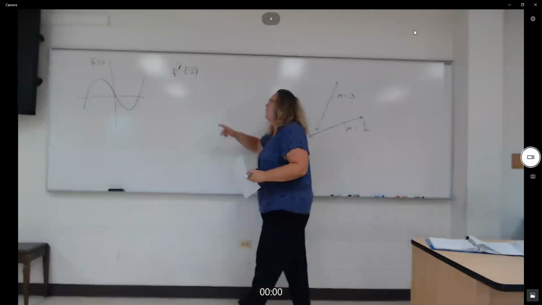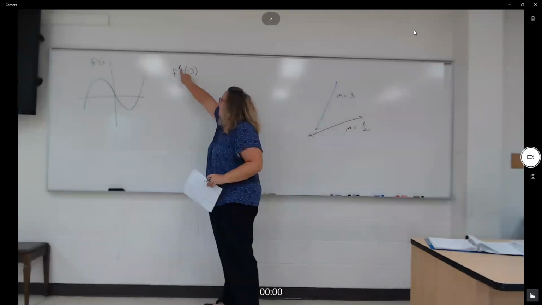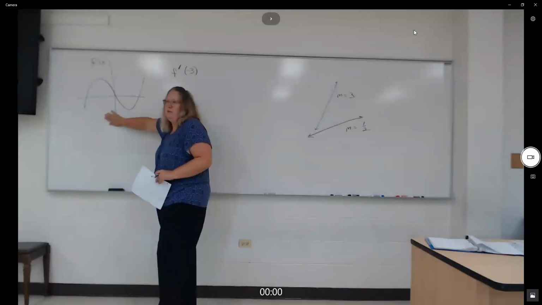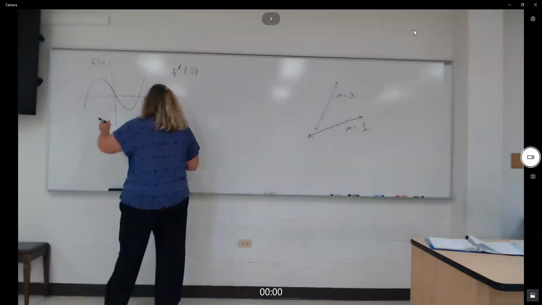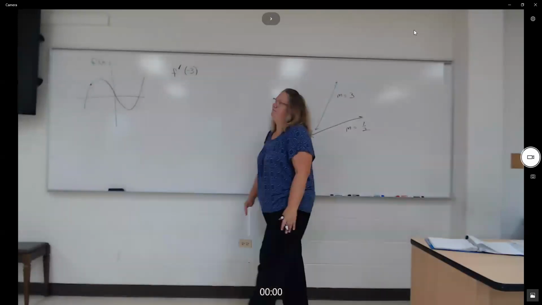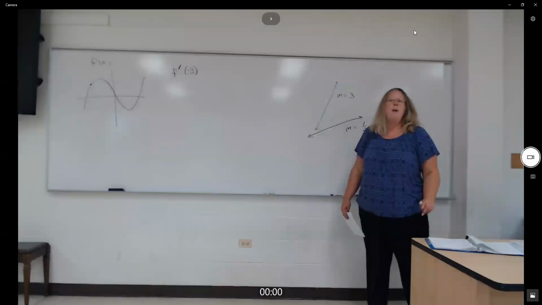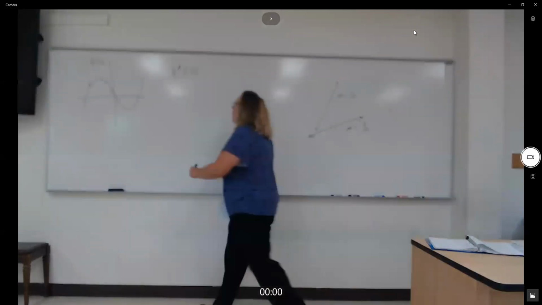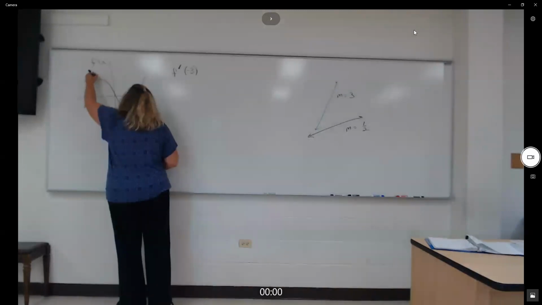If it's asking for the derivative at negative 3, it's asking for the slope on your original. So you have to go to negative 3. It wants the slope right there. How am I going to know what the slope is right there? Remember, it's also the slope of the tangent line. So go ahead and draw in a tangent line here.